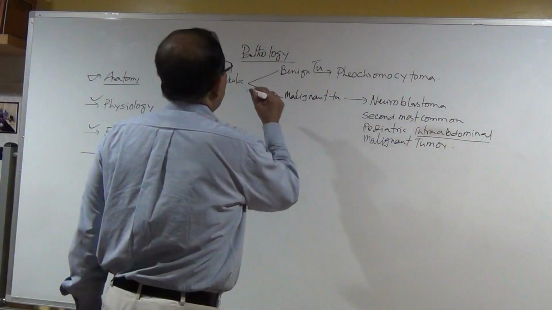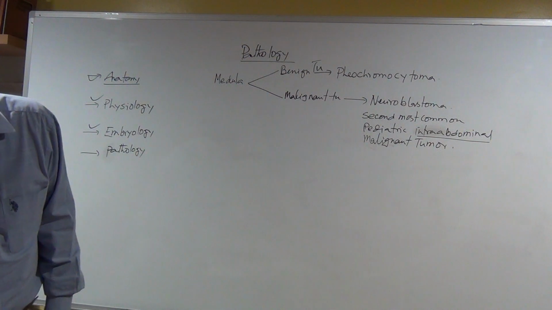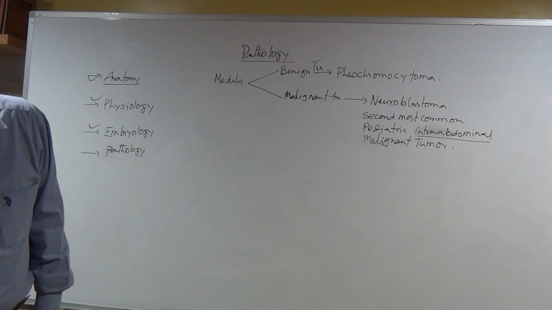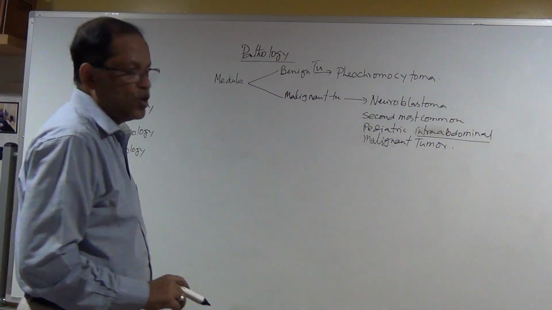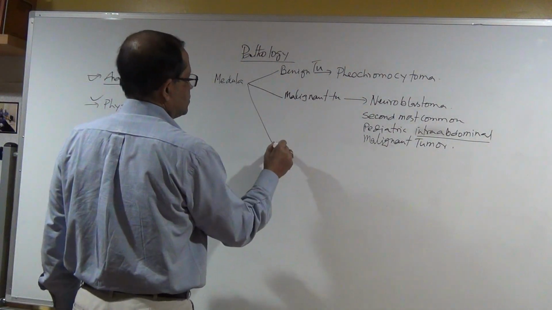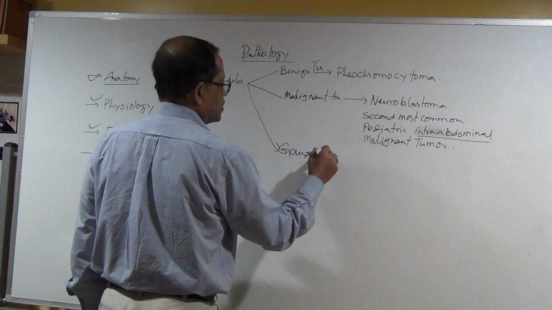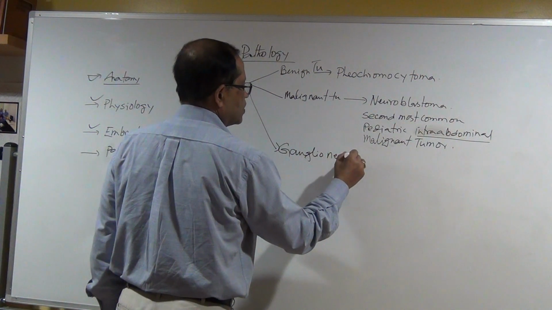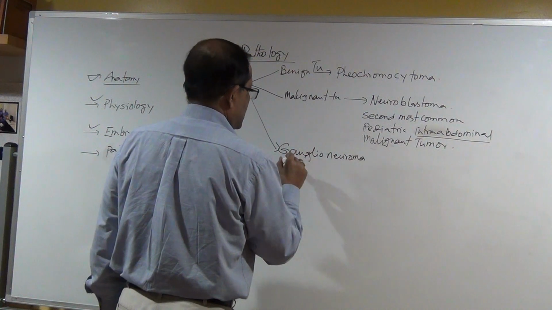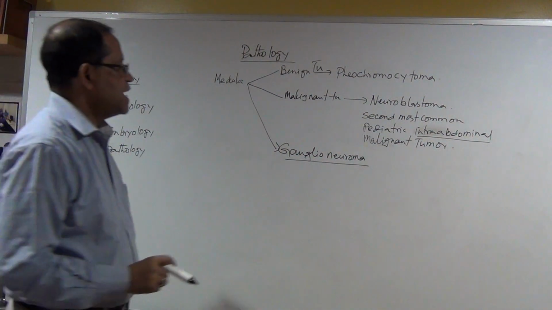Okay, so what other tumor can you see? Called ganglioneuroma. What does that mean?